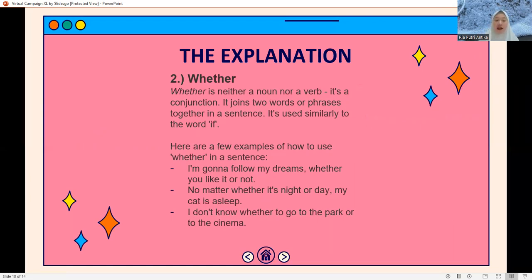And here are a few examples of how to use whether in a sentence. The first, I'm going to follow my dreams whether you like it or not. And the second example, no matter whether it's night or day, my cat is still asleep. And the last, I don't know whether to go to the park or to the cinema.